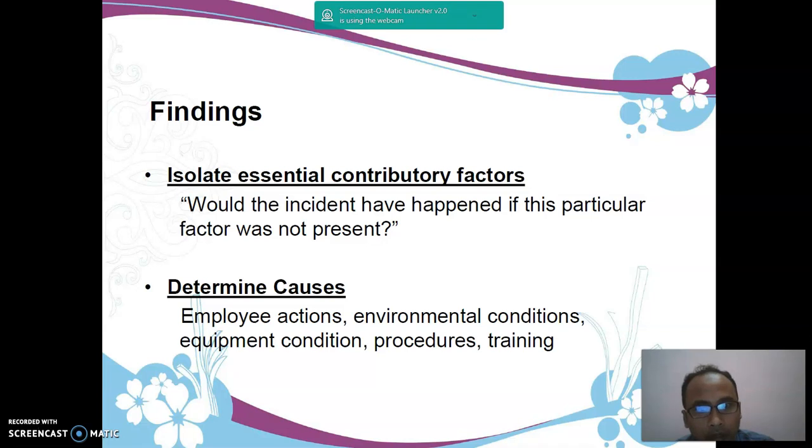If the answer is no, it means that the element is a contributory factor. By answering this question, you can differentiate which is a contributory factor and which is not.